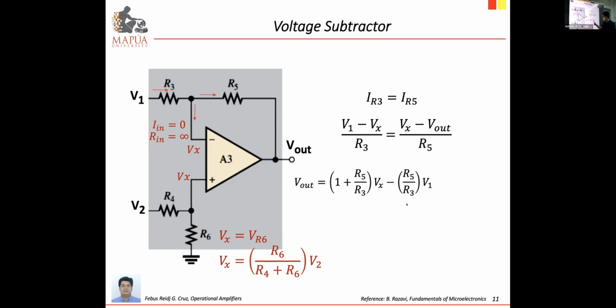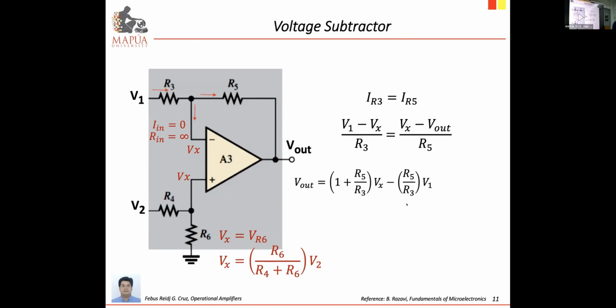Okay? And then minus feedback resistance over input resistance times V1. So this gives us the pattern for the inverting amplifier. So with V1 connected at the negative, it will behave like an inverting amplifier. Got it? Okay, so be aware of those patterns.